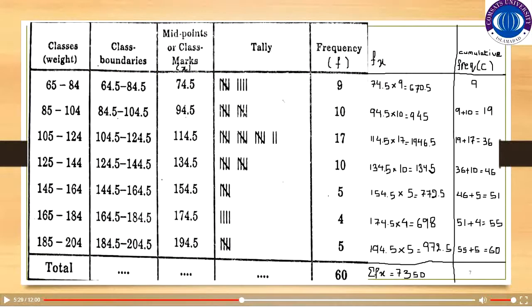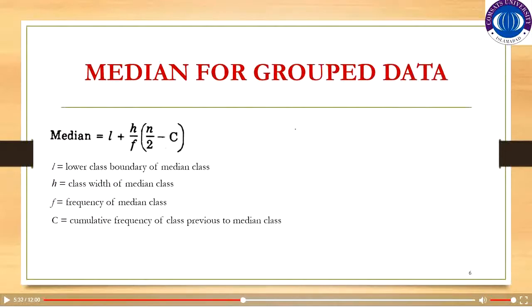Cumulative frequency, as we can see from the name, cumulate. It is the sum. It cumulates the previous frequency. What is the difference between the frequency and the cumulative frequency?